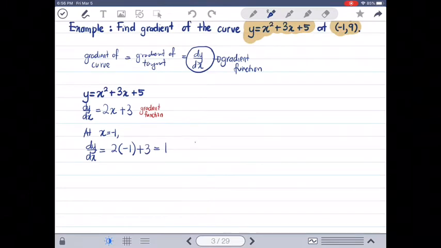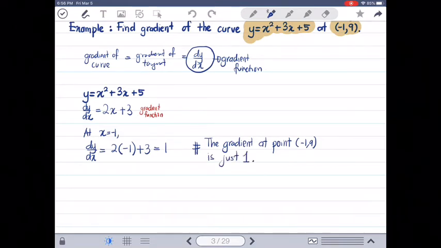So we can say that the gradient at point (-1, 9) is just 1.